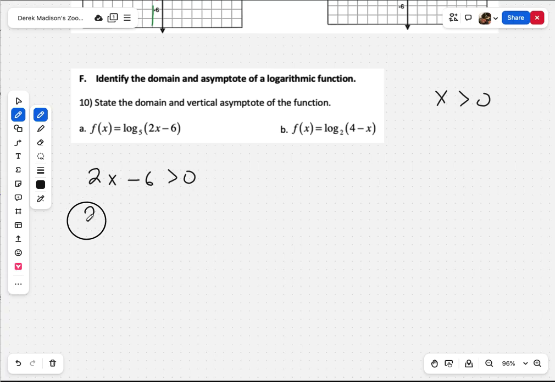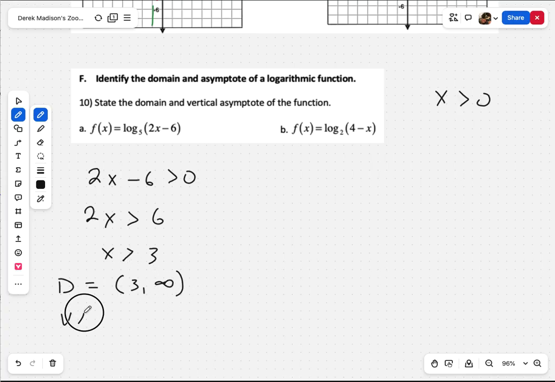So bringing the 6 over, we have 2x is greater than 6, and dividing both sides by 2, we would have x is greater than 3. So that means my domain is going to be from 3, parentheses because there's no equals, to infinity, and I have a vertical asymptote at x equals 3.